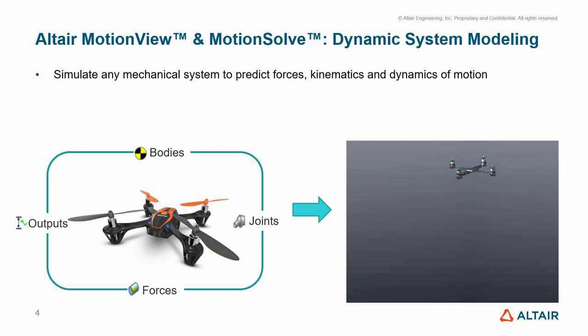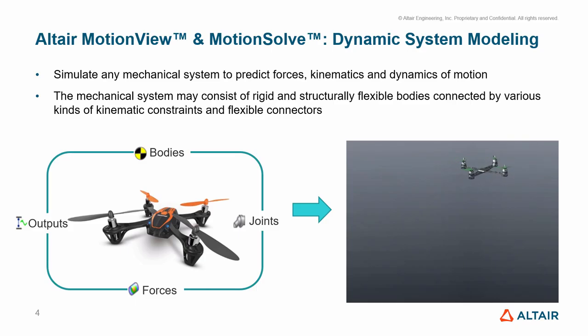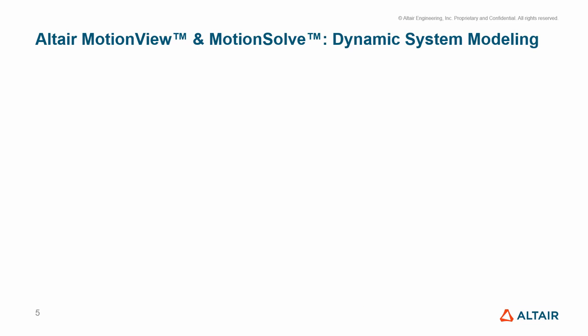They are able to solve mechanical systems with rigid and flexible bodies that are connected by different types of kinematic constraints and flexible connectors. So here we have the steps to model a system in a multi-body environment.